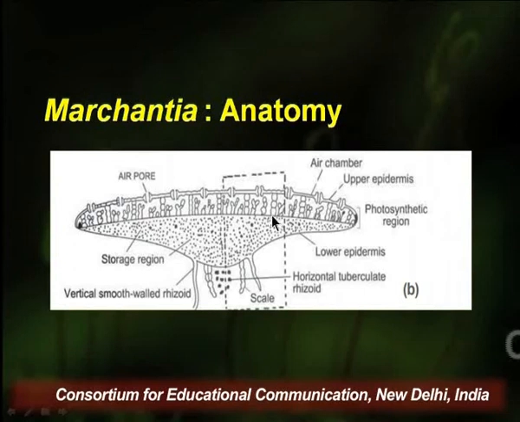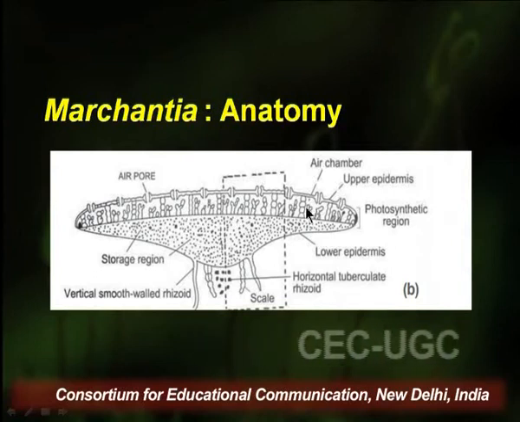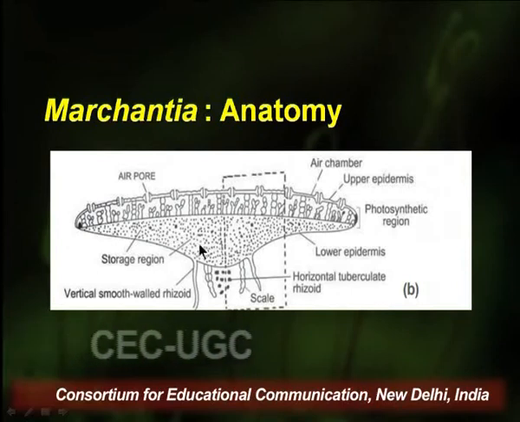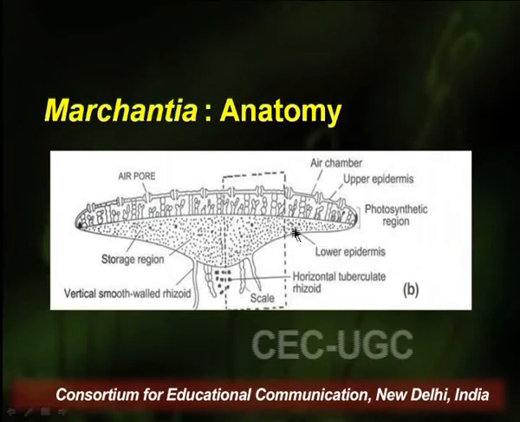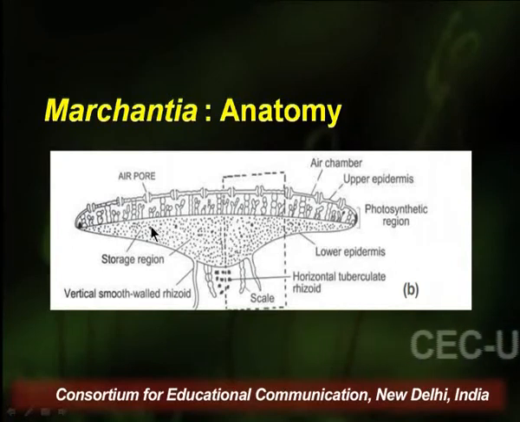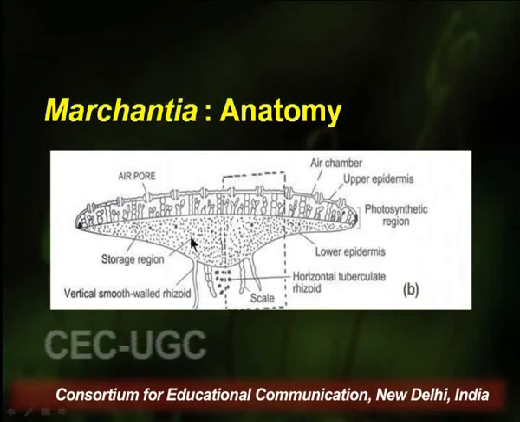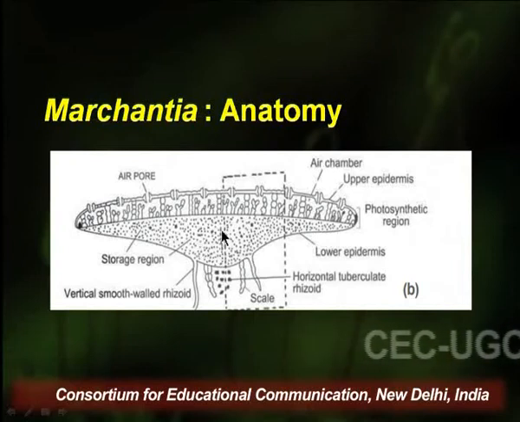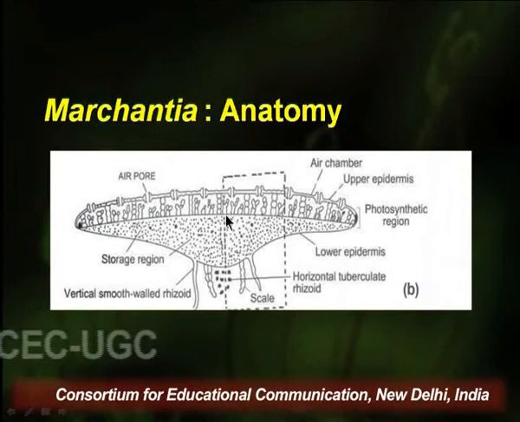These are arranged longitudinally and look like filaments. So these are filamentous in appearance. And at the ventral side we have the lower epidermis and a storage region. The storage region has parenchymatous cells compactly arranged, storing all the photoassimilates coming from the photosynthetic region.